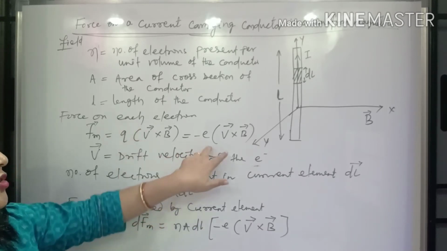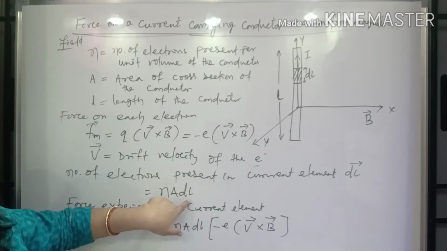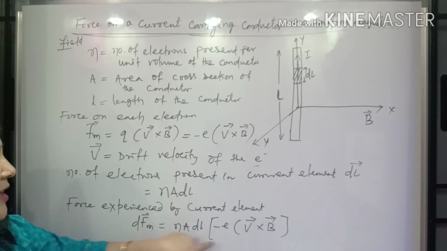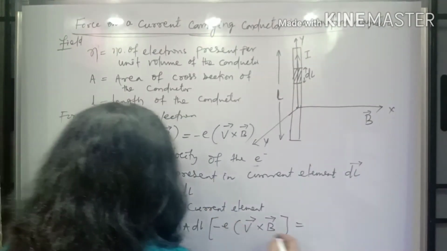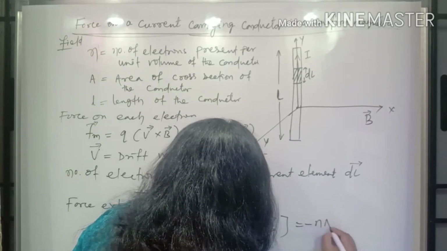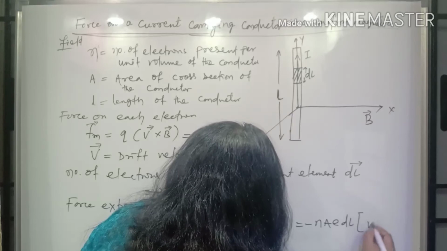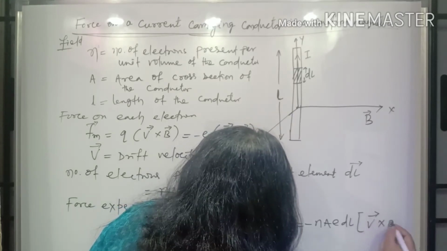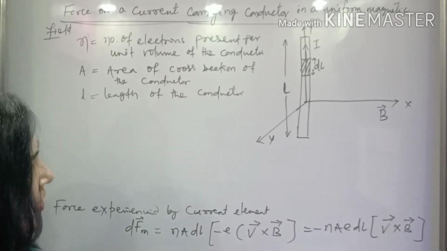If one electron gets this much force, then NaDl electrons will get NaDl into this. Or this can be written, taking the minus out, as minus NaeDl, V cross B. Okay, so here we got this value.